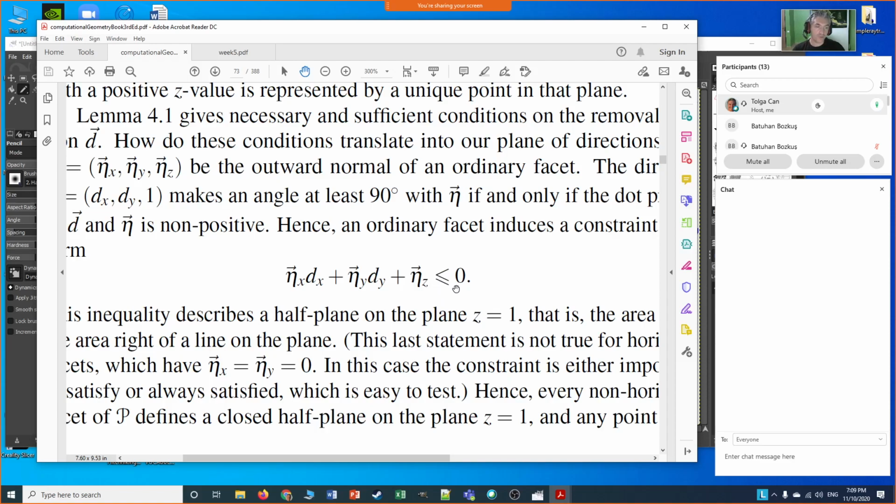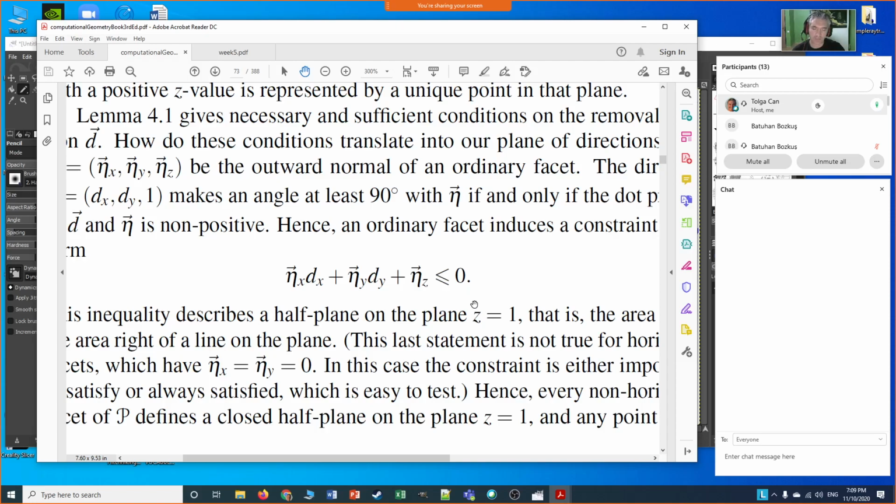We include equality because if you just pull in the parallel direction of the face, if this is your face normal, you can pull exactly 90 degrees to that. It means that you're just sliding the mold across that face. It's also possible, so 0 is included.